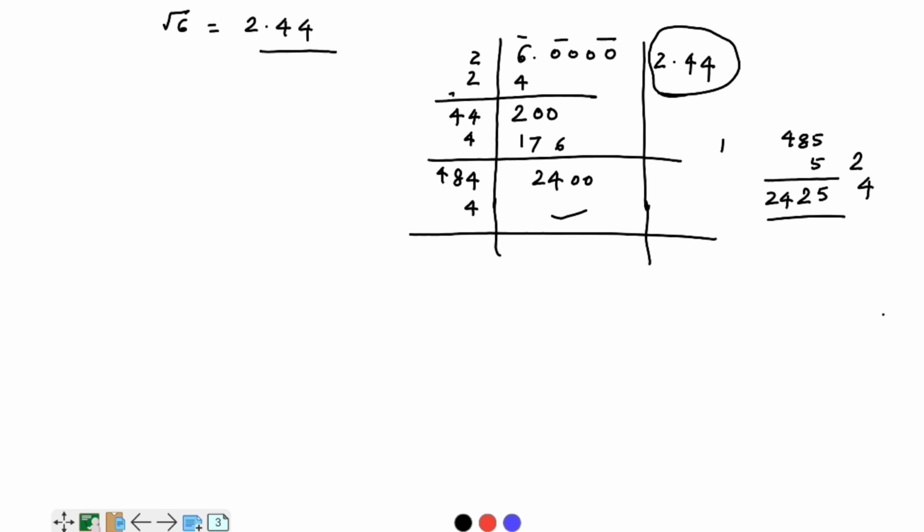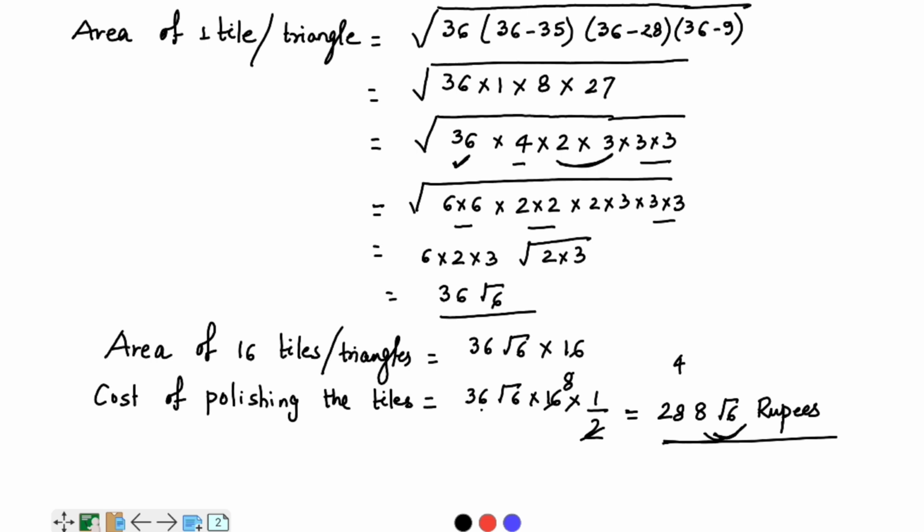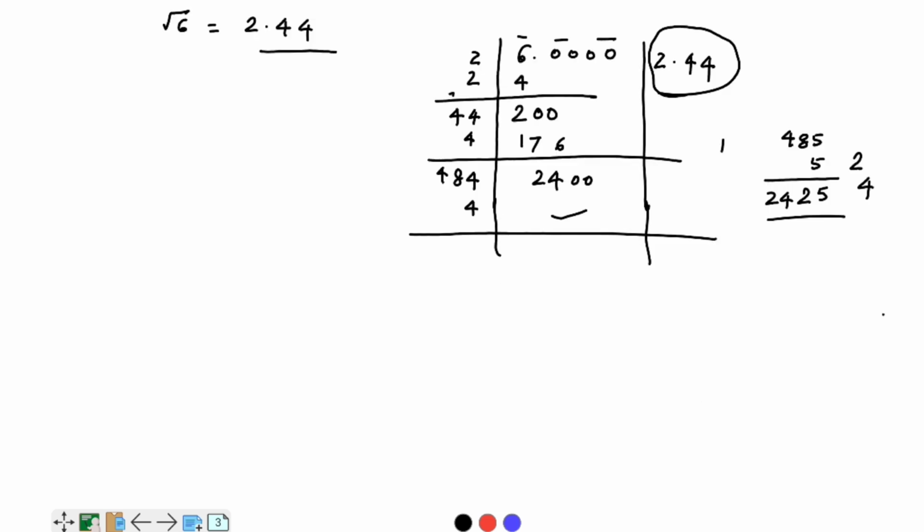Okay. Now this is our cost of polishing the tiles. We will find it out. 288 into root 6, which means 288 into 2.44. We have to find out this value. Let us find out 288 into 244.